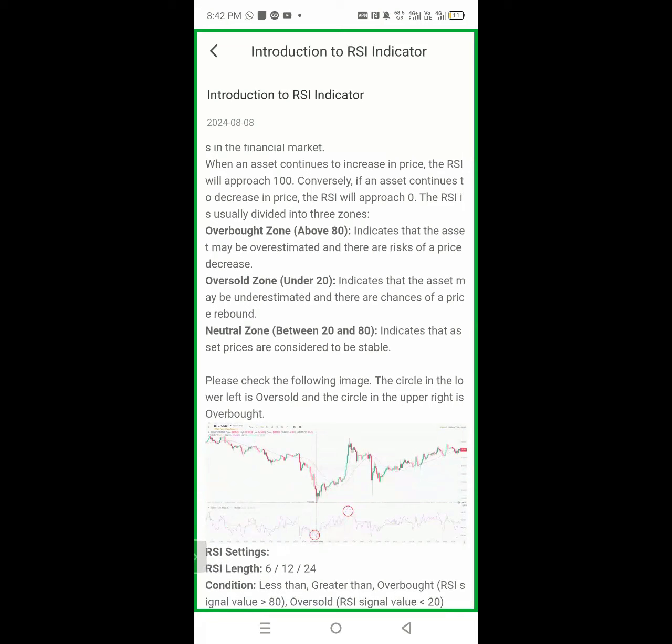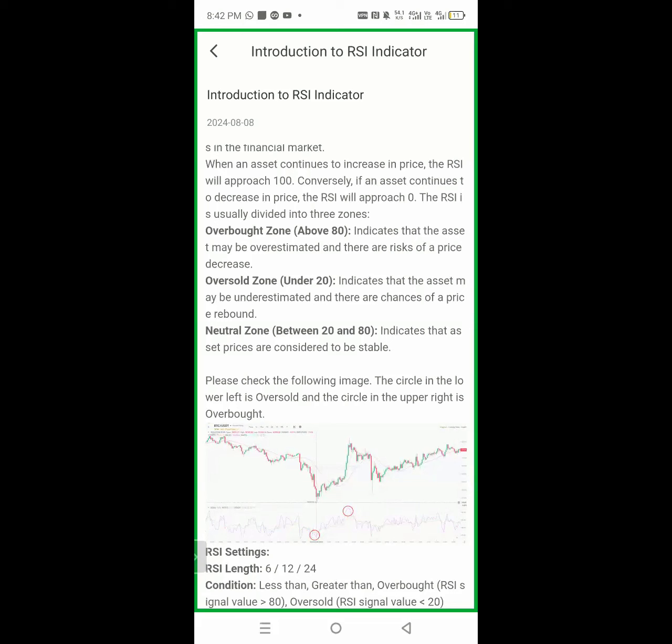When a coin dips so much, you say that it's oversold. When the RSI gets lower than 20 downwards, you say it's oversold. And watch what happens when it got to that region. You saw the price going up.